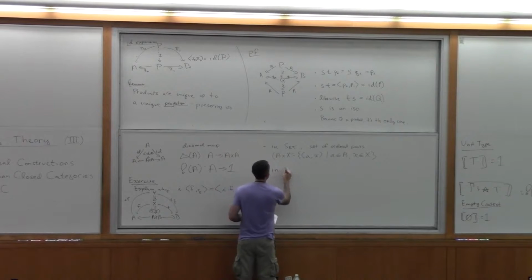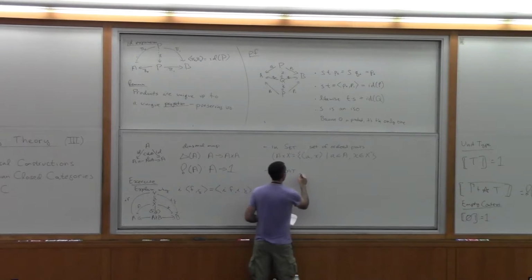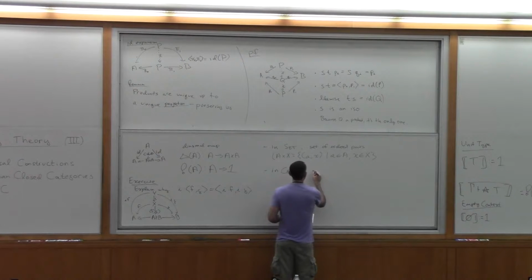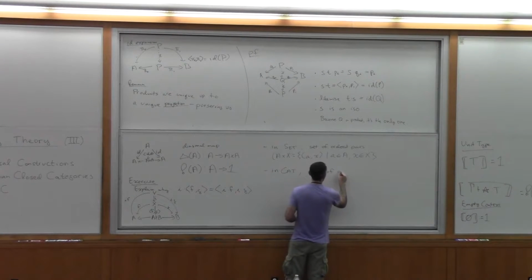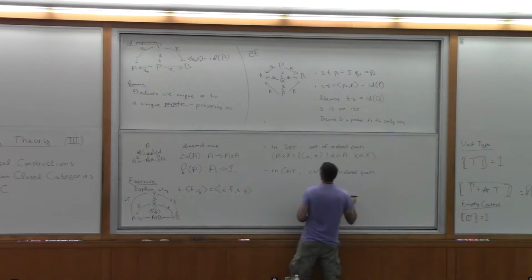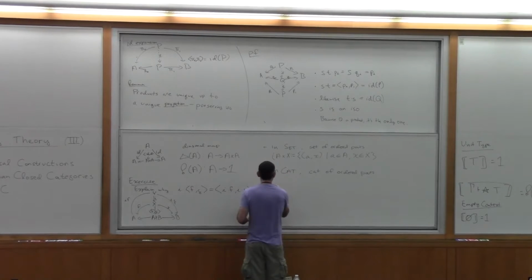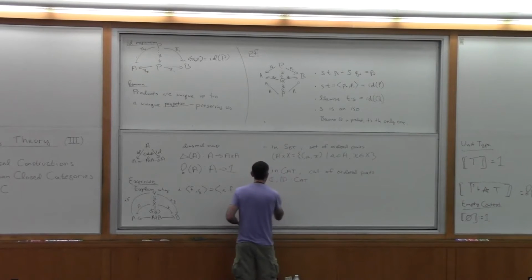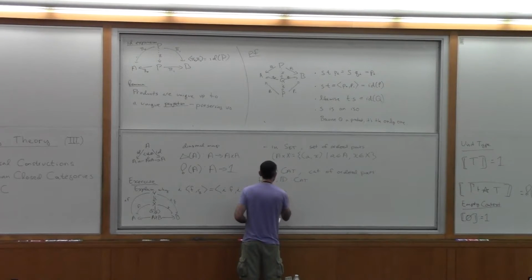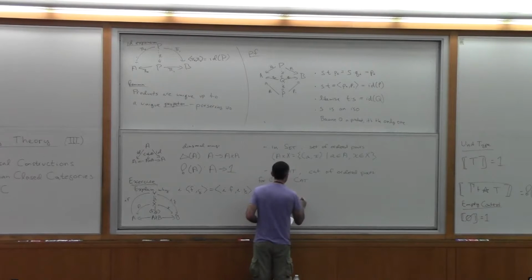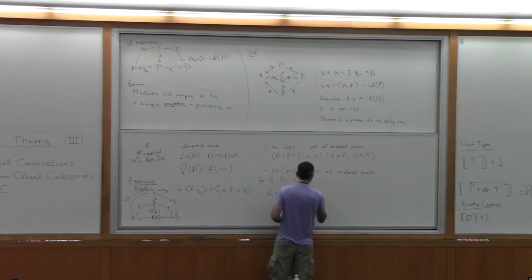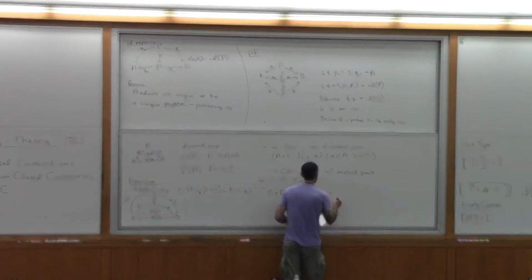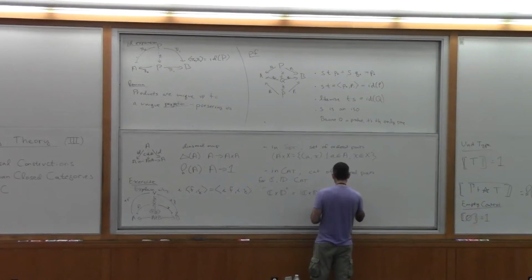And then in categories, let's just stick to the category of small categories to be simple. The category of ordered pairs, which I have to define for you. If I have C and D, two categories, then I'm going to form what I call C cross D. I'm going to define what this is. Its objects are defined to be ordered pairs of objects from C and D respectively.